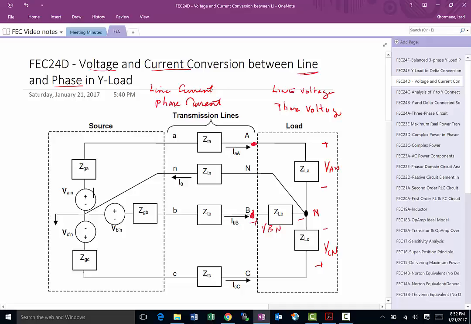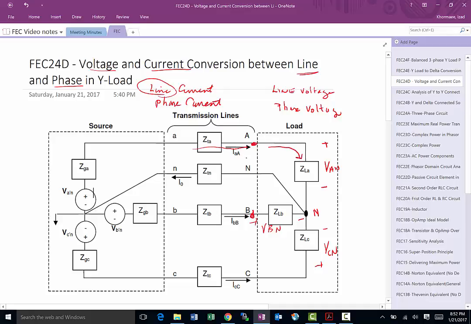And line current refers to the current in the line. By the way, the word line refers to the transmission line. So the line current is the current through the transmission line, which in this case is IA for phase A, IB, and IC for phase C. The phase current refers to the current in each one of the phases.